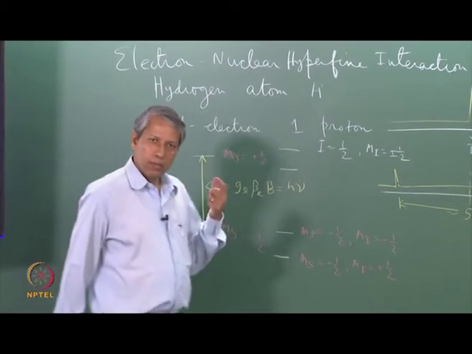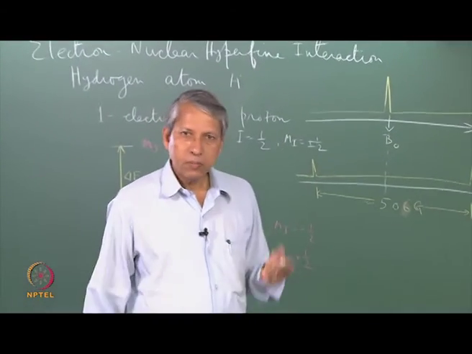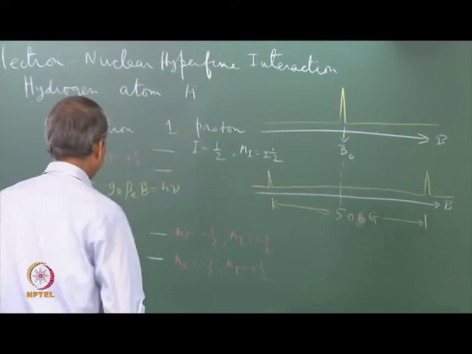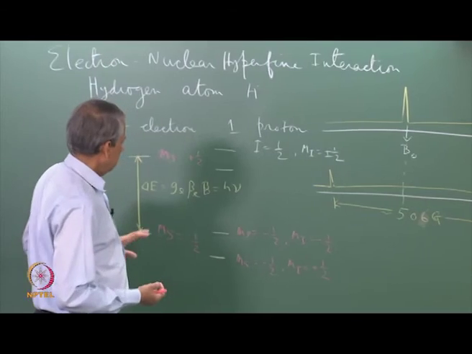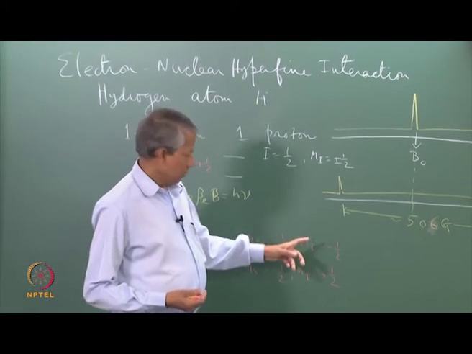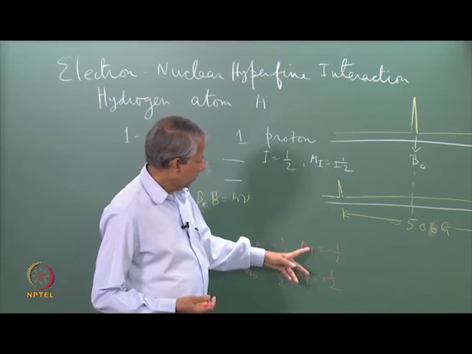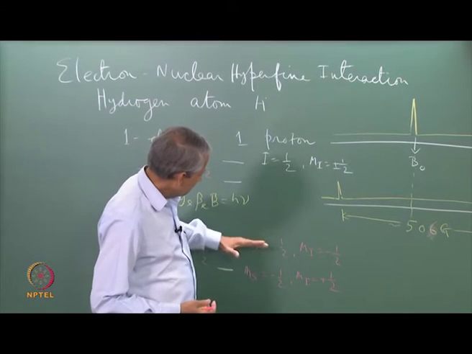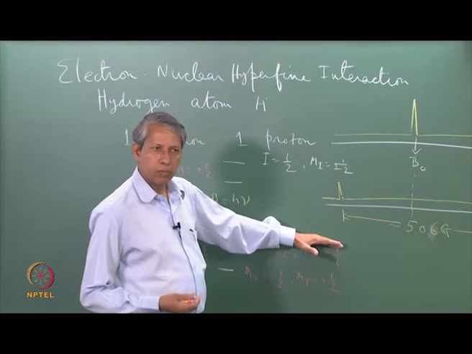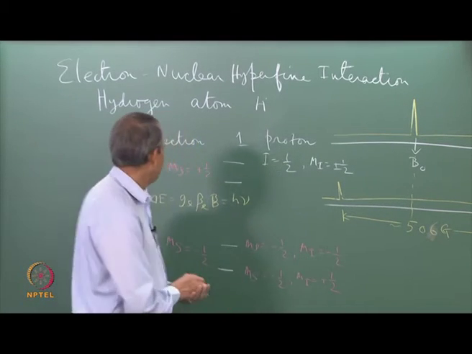Remember that the electron Zeeman interaction is much stronger than the nuclear Zeeman interaction. But here we are not looking at the electron Zeeman interaction, but at the interaction of the electron magnetic moment with the nuclear magnetic moment. So, the splitting is given by this.